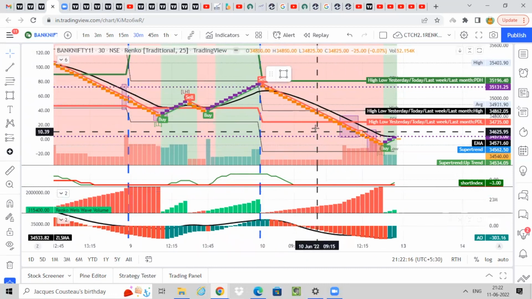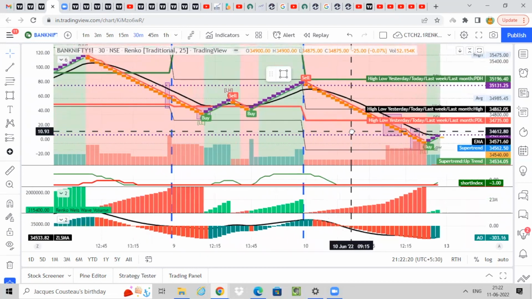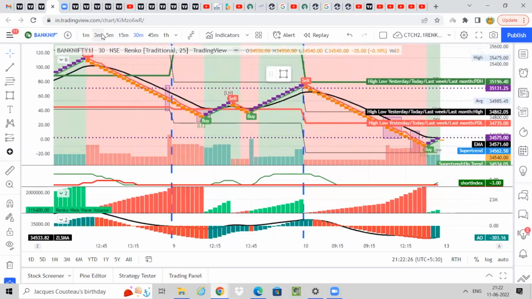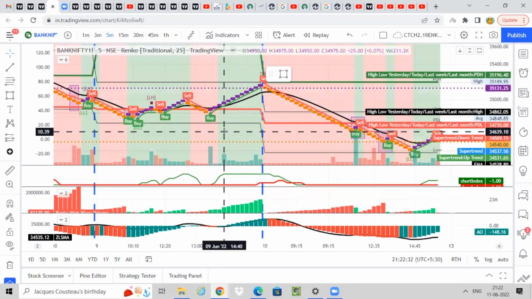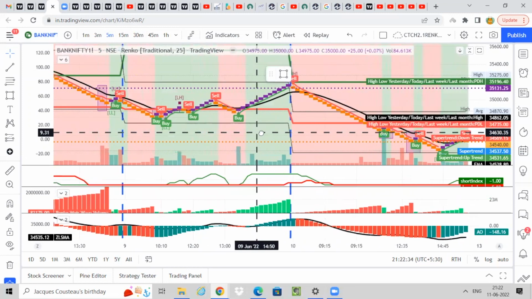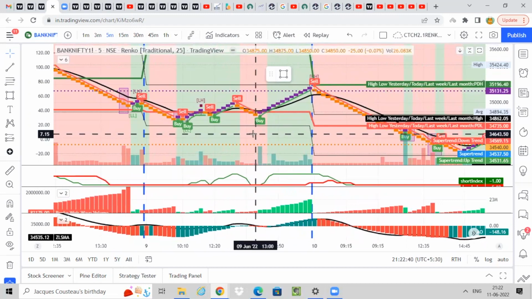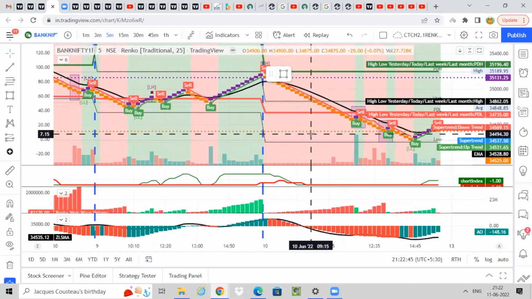You can actually mark this higher high and higher low on the 5 minute time frame, not 15 minutes. You can mark these higher lows and higher highs in the chart yourself, so you know that the resistance or rejection will come.